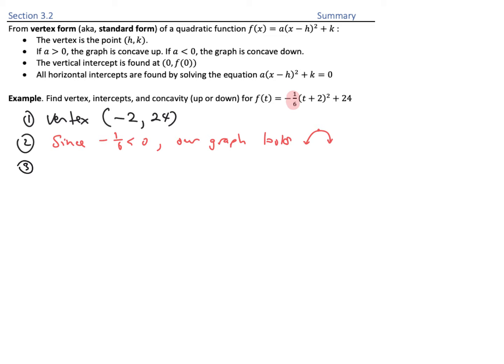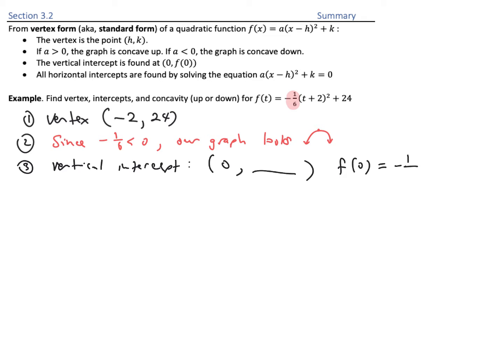The vertical intercept, we know that that's a point that sits on the vertical axis, which means the first coordinate is 0. And in general, if you tell me the first coordinate, I can use the algebraic formula for the function to find the output that goes with that input.